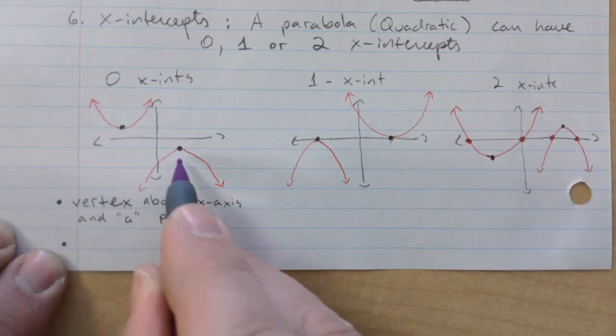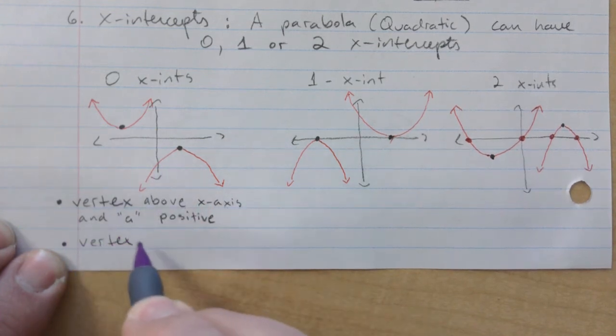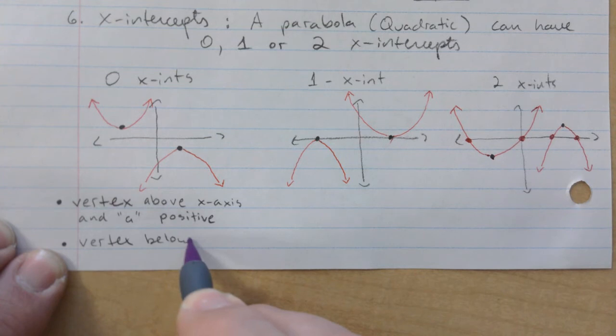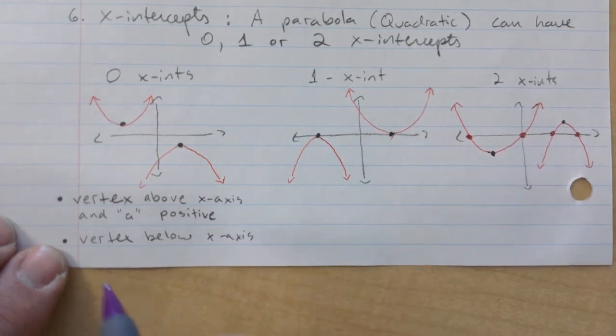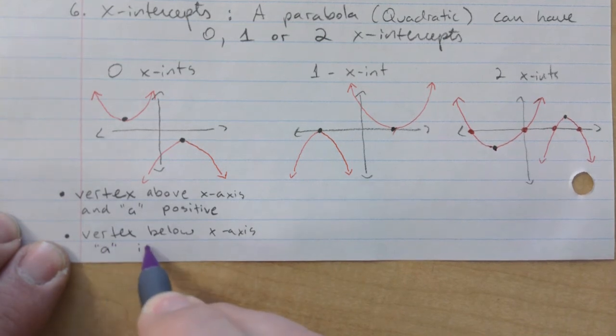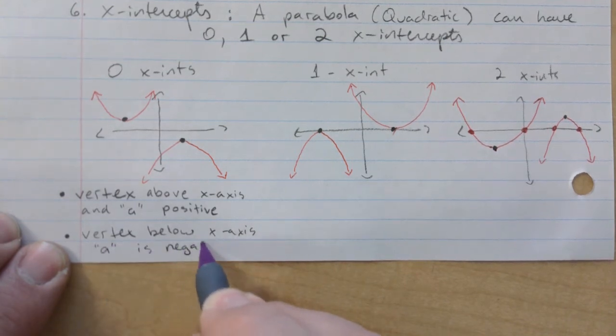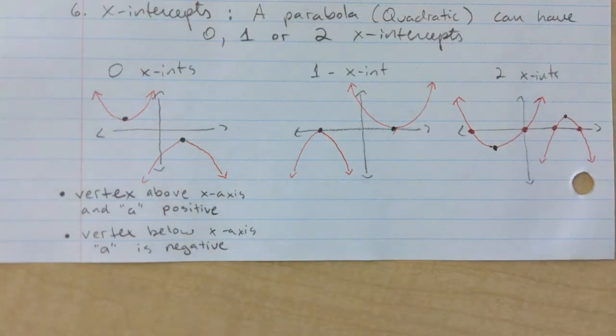And the second case here, vertex below x-axis, A is negative. So those are the two scenarios where you would have no x-intercepts.